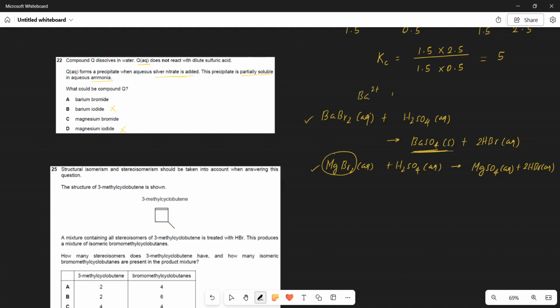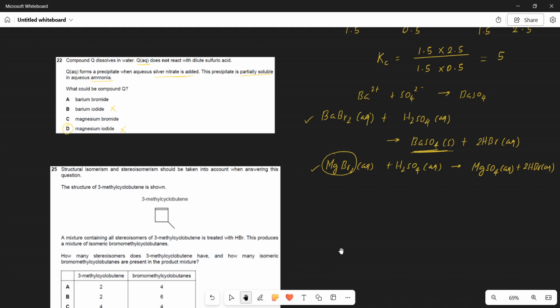Moreover, if I write the ionic equation, Ba2+ plus SO4 2- gives BaSO4. But in this case, all of them are existing in the aqueous solution. Nothing you will see at the end of the reaction. If you want to write an ionic equation, you may not get an ionic equation with this. So the choice is D.